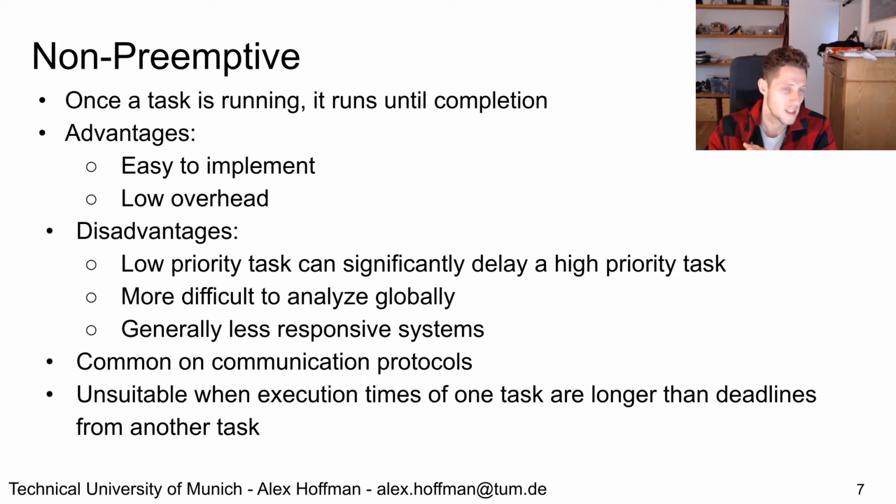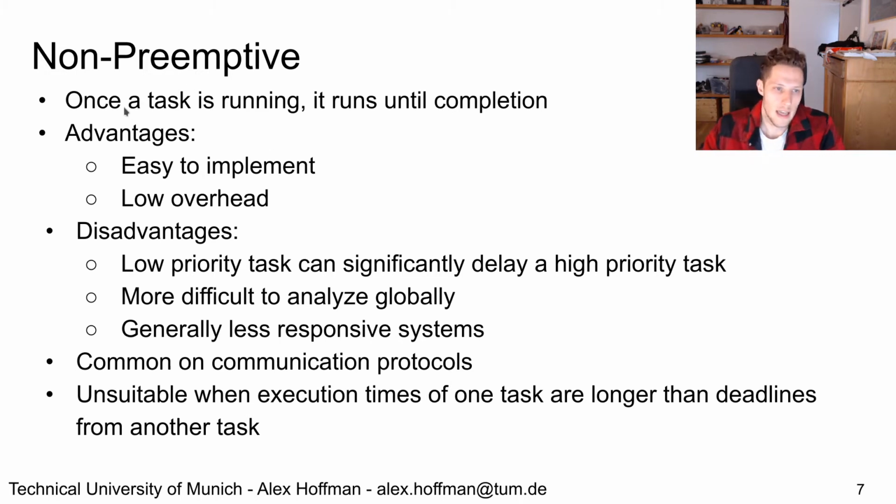On a non-preemptive system, we don't have this. It's also very common that you'll see non-preemptive systems in critical applications because of their simplicity, and that simplicity means you can validate these systems very easily and be very precise about your validations.